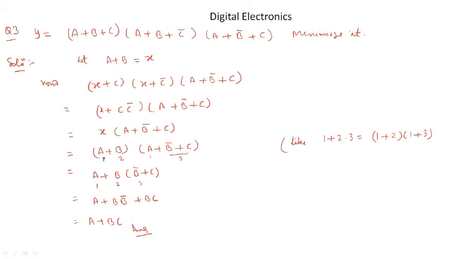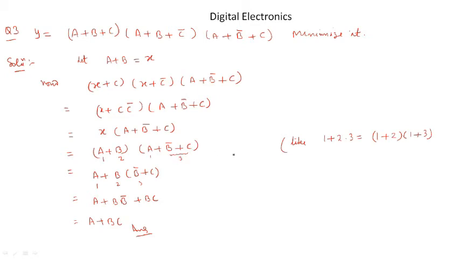Now you see here that in the two brackets the first term is common, and the second term is here b, and here b bar plus c can be assumed as the third term.